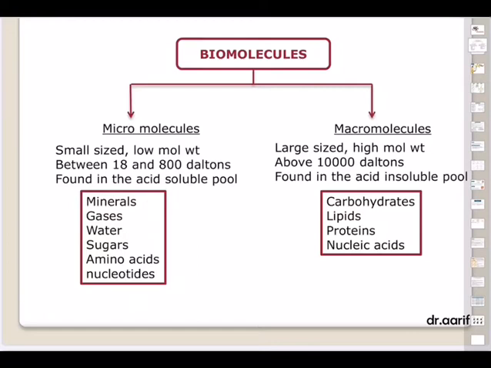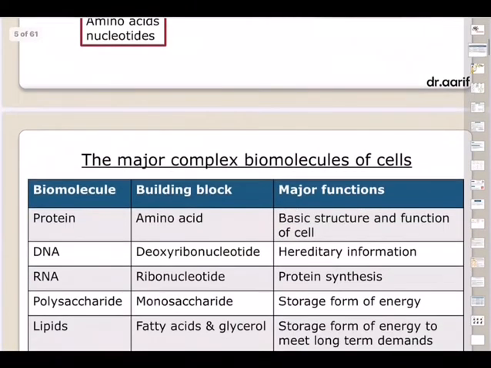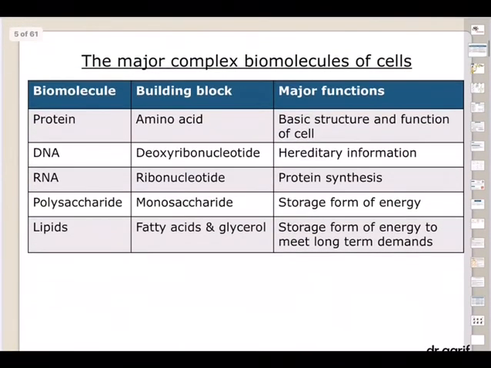Minerals, gases, water, sugars, amino acids, and nucleotides. We'll talk about nucleotides quickly. And then macromolecules: large sized, high molecular weight, above 10,000 Daltons, found in the acid insoluble pool. They are carbohydrates, lipids, proteins, and nucleic acids. And these are the major complex biomolecules of cells.